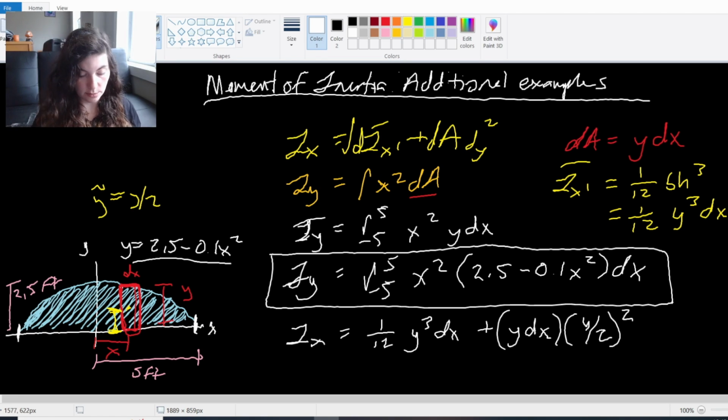Again, I need to finish setting this up in integral form with everything in terms of x, so I'm making those substitutions now.